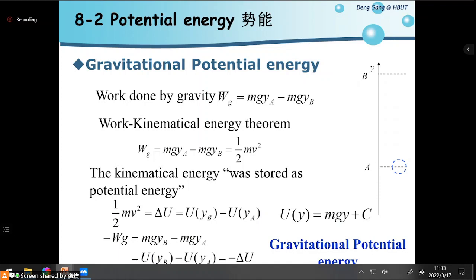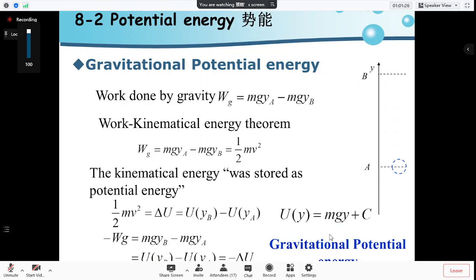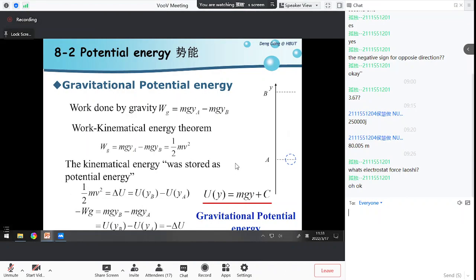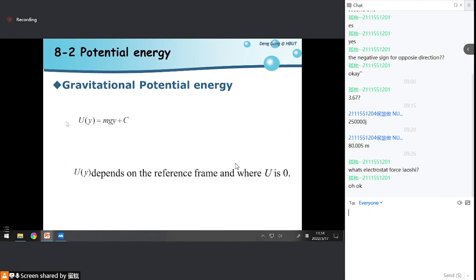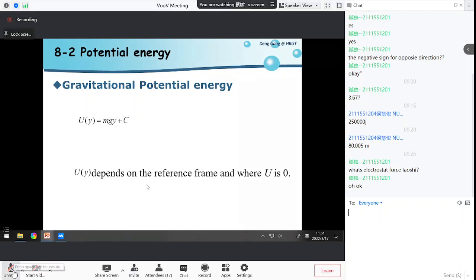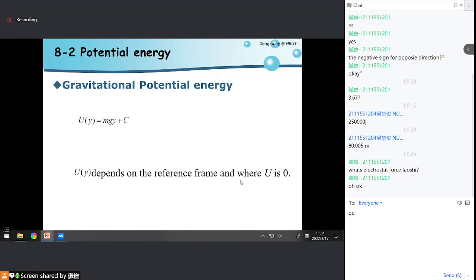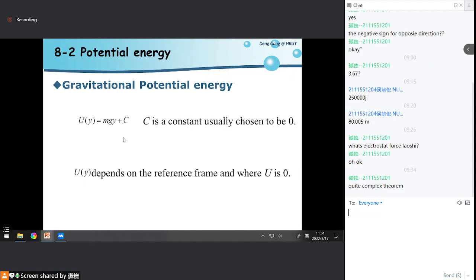It's equal to the weight times the relative height of this object. This gravitational potential energy depends on the reference frame and where it is chosen to be zero. Usually, we can choose where y is equal to 0 to be the position where the potential energy is 0.